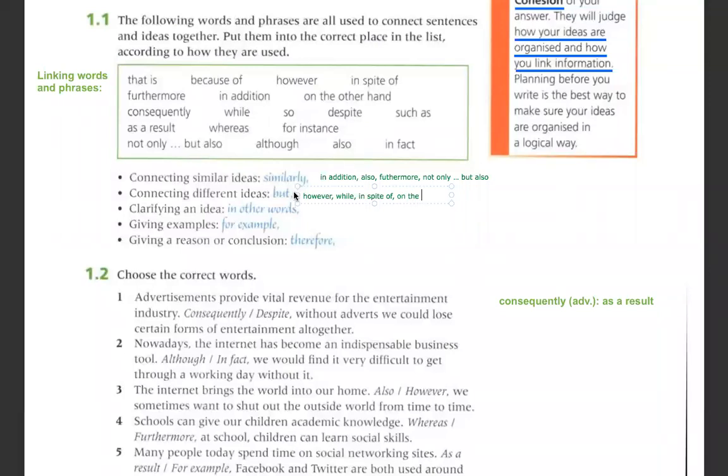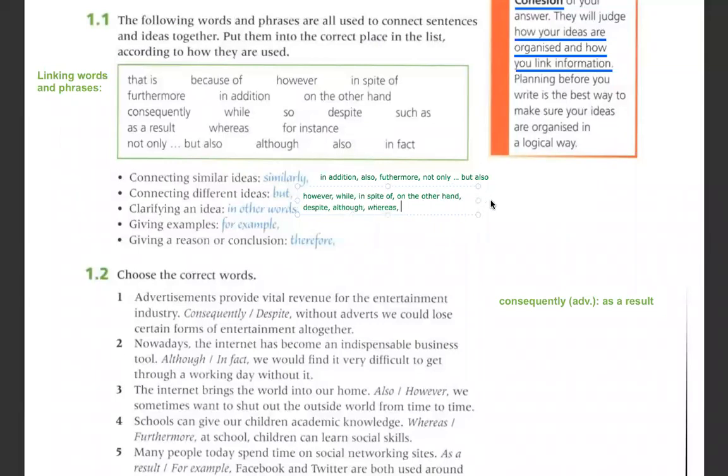On the other hand, despite, which has the same meaning as in spite of, although, whereas. So whereas and while have a similar meaning. I think that's it. Okay, great. That's all of them.